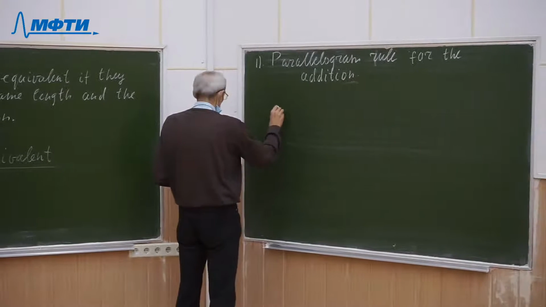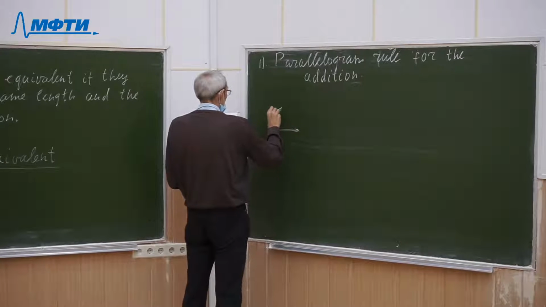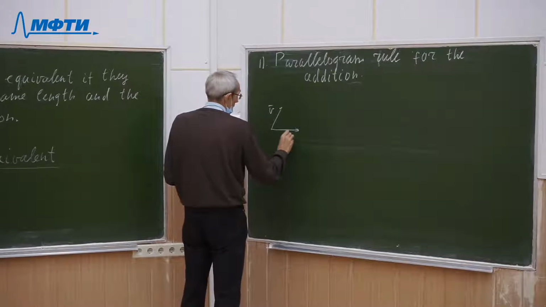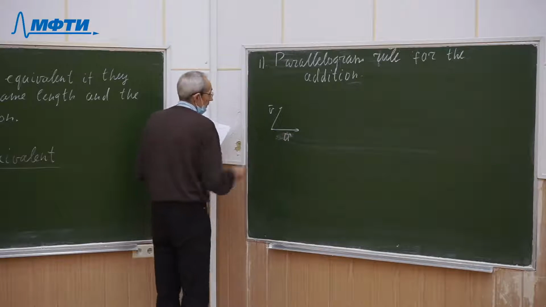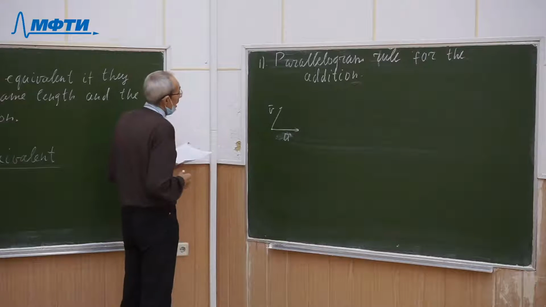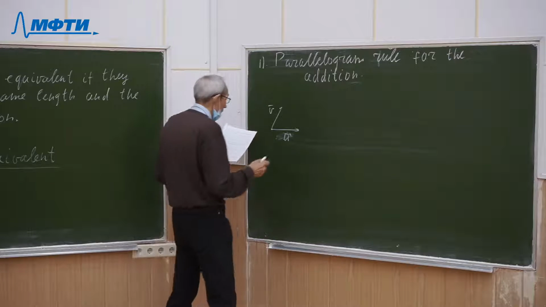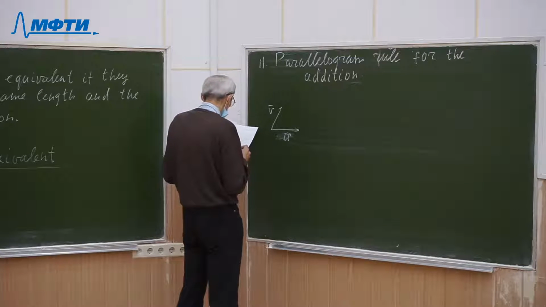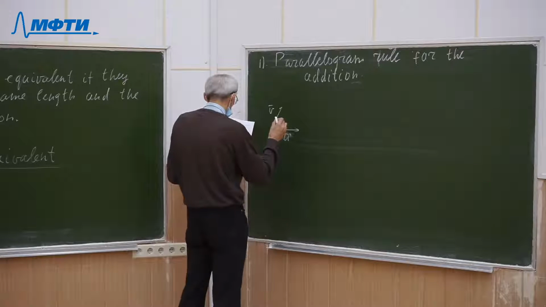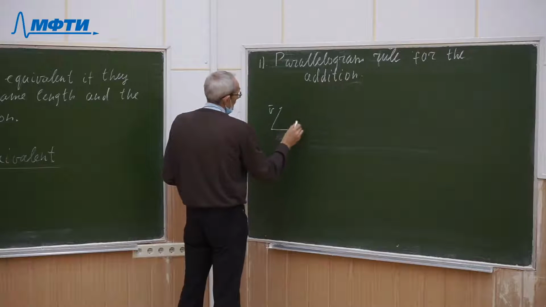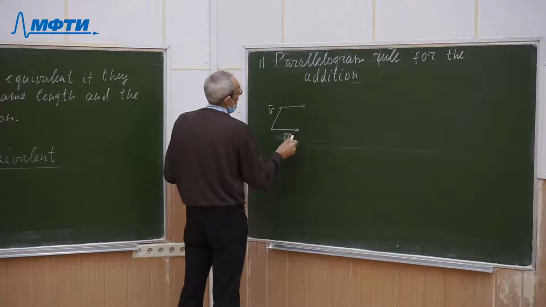We have two vectors V and U with coinciding initial points, and we can construct two other vectors and construct the parallelogram.